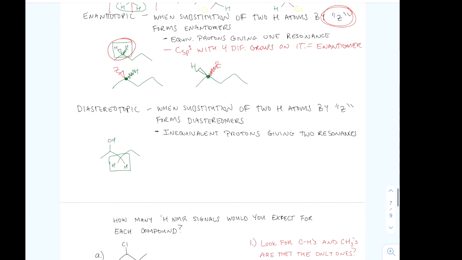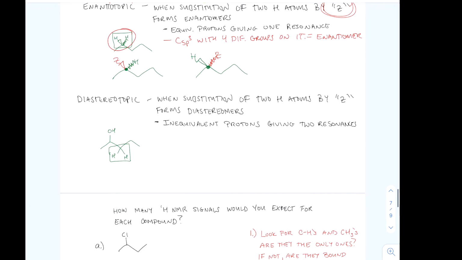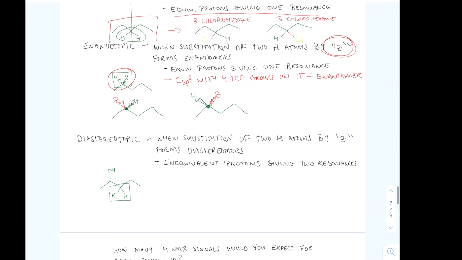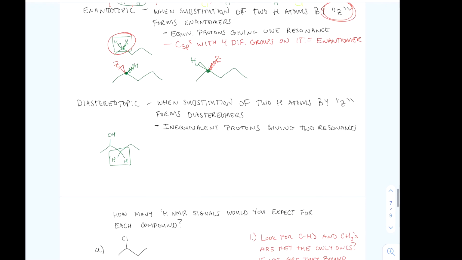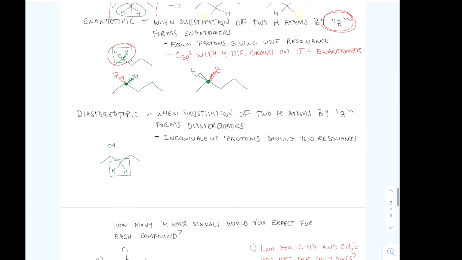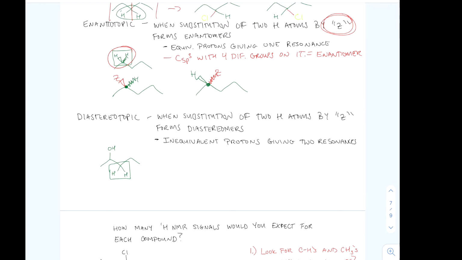Now, there is a video coming with a deeper explanation of enantiomers and stereoisomers in general. But in its basic form, that's all we're looking for. And then we can identify those as enantiotopic protons, and they give 1 resonance.